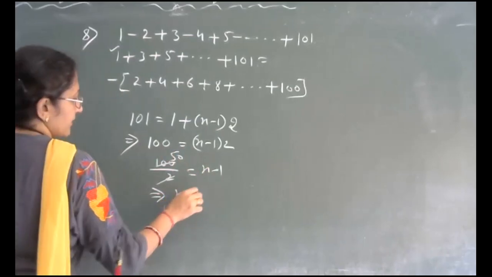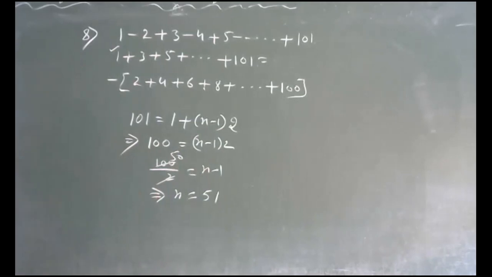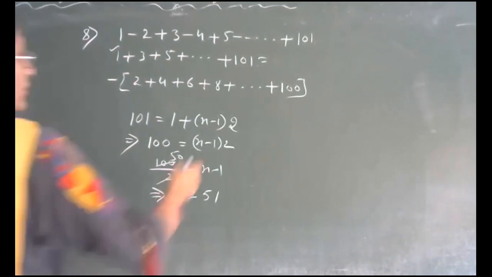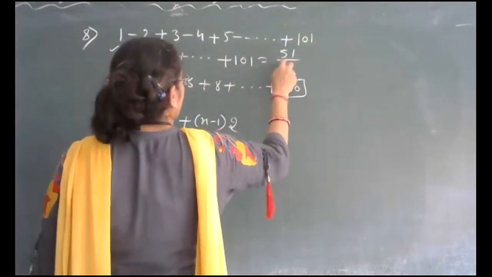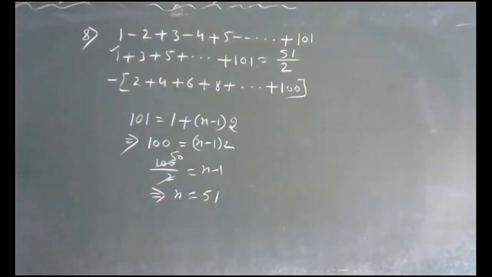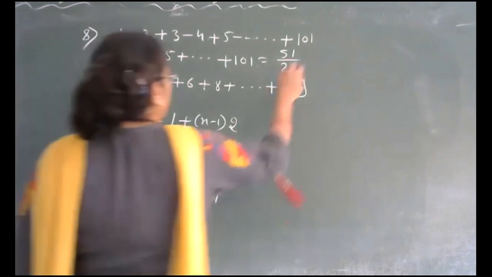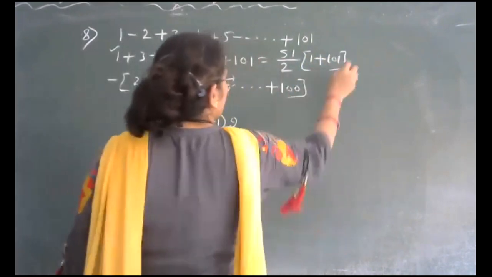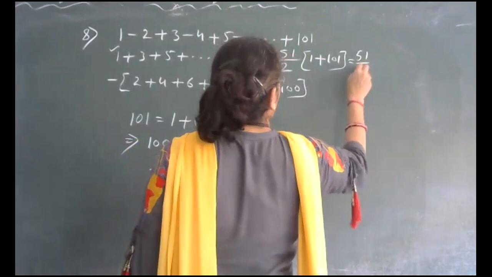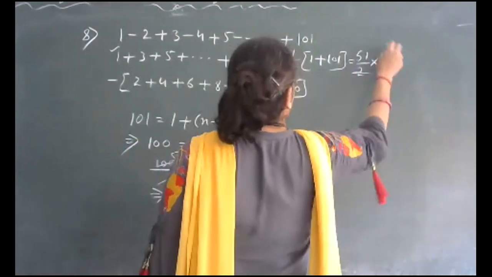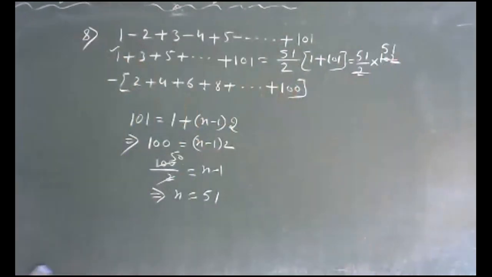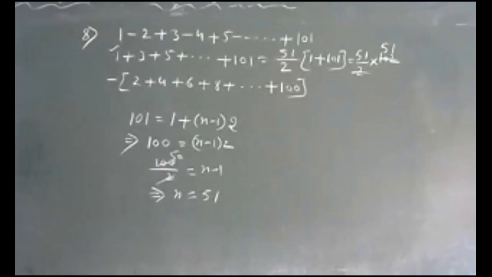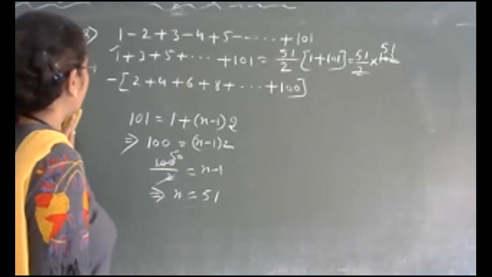The value of n is 51. So you have 51 terms. Their total will be 51 over 2, in the bracket 1 plus 101. So it will be 51 over 2 into 102. After cutting, it will be 51 square.